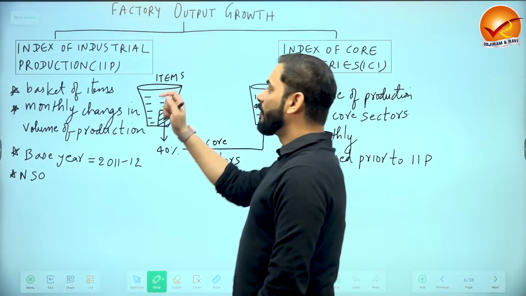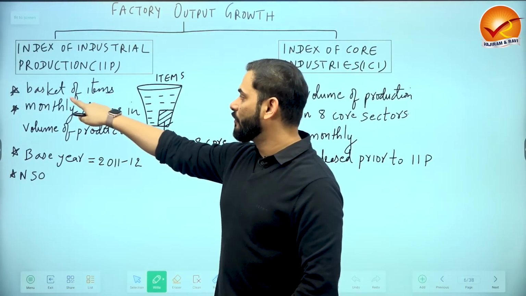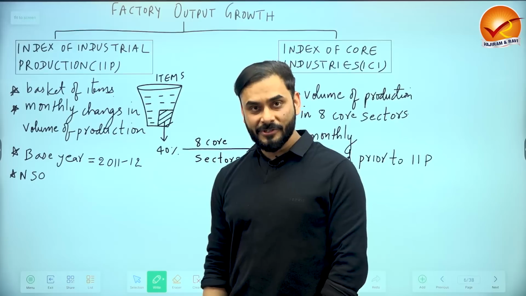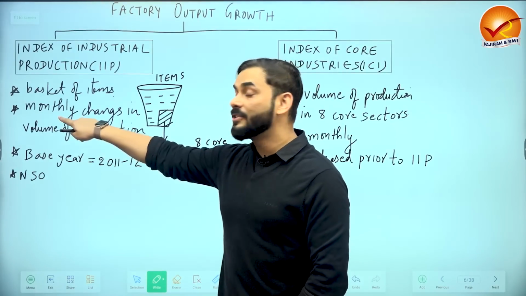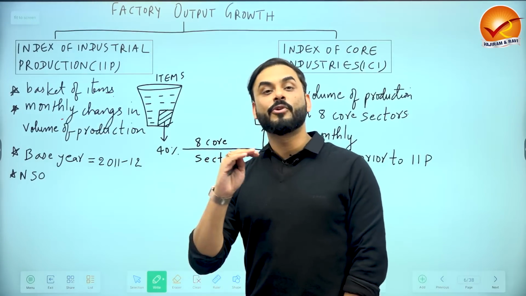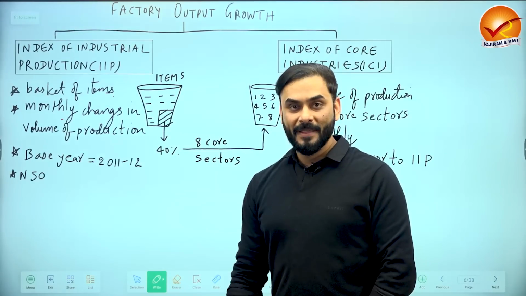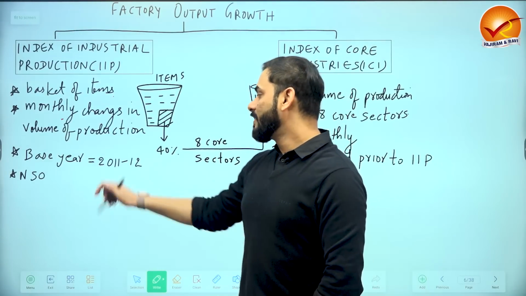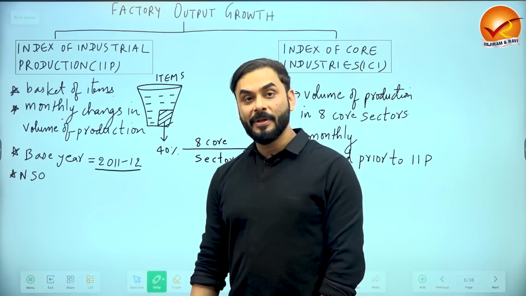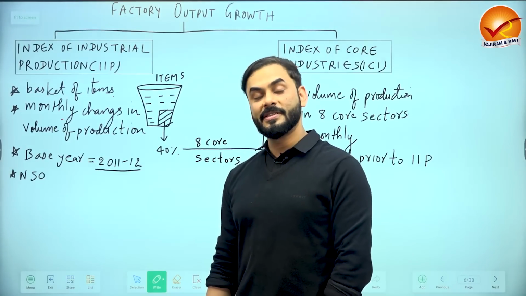Fine. Now, let's come to see this. What is IIP? So index of industrial production, what does it do? It takes a basket of items and then it finds out what is the production level in the economy on a monthly basis of that basket. Fine, monthly basis. What is the base year that we generally take for IIP? 2011-12. This is the base year we take.